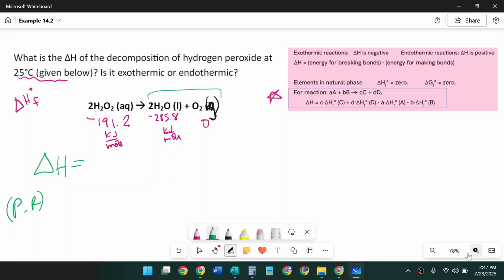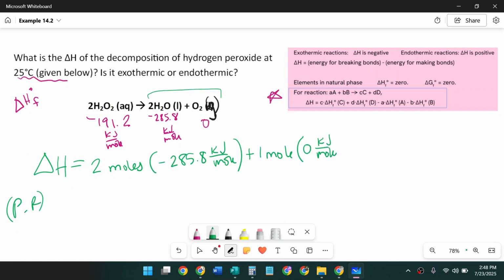We're going to start with these. So we have 2 moles times negative 285.8 kilojoules per mole. And then we could add that we have 1 mole of oxygen gas at 0 kilojoules per mole. You probably easily recognize that 0 times anything is going to be 0, so we don't even have to include this one. This part can just be left out.